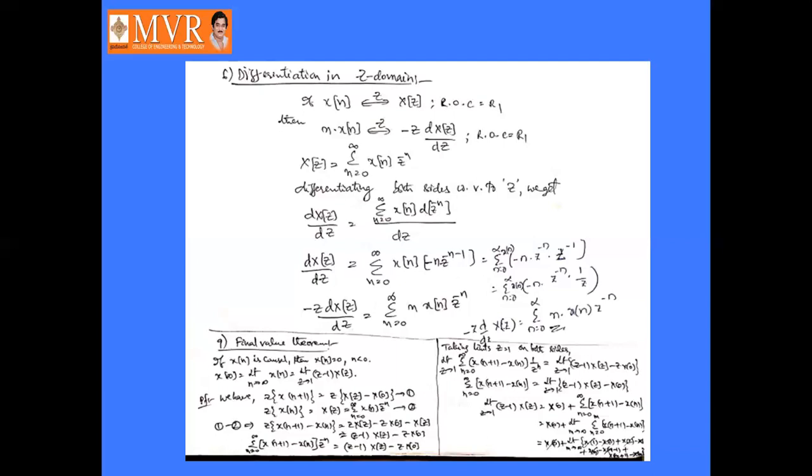So minus z into d by dz of x of z equal to sigma n equal 0 to infinity n into x of n into z power minus n.